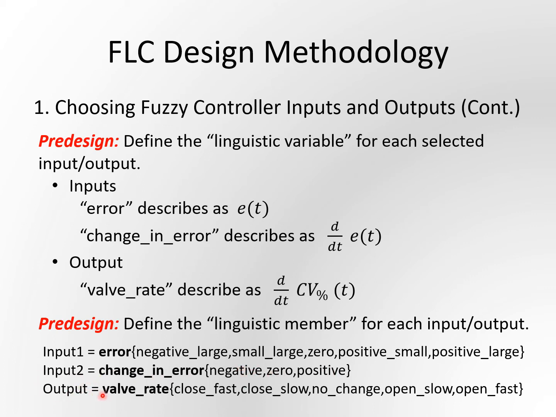And for the output, as the valve rate, we define another few members here: close fast, close slow, no change, open slow, and open fast. So 5 members for the output value. So these are the fuzzy linguistic variables and fuzzy linguistic members. And then next we go to the fuzzy membership.